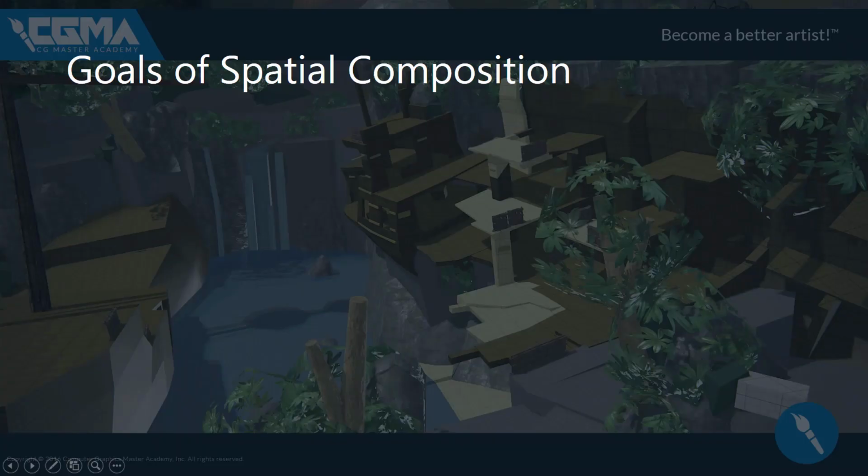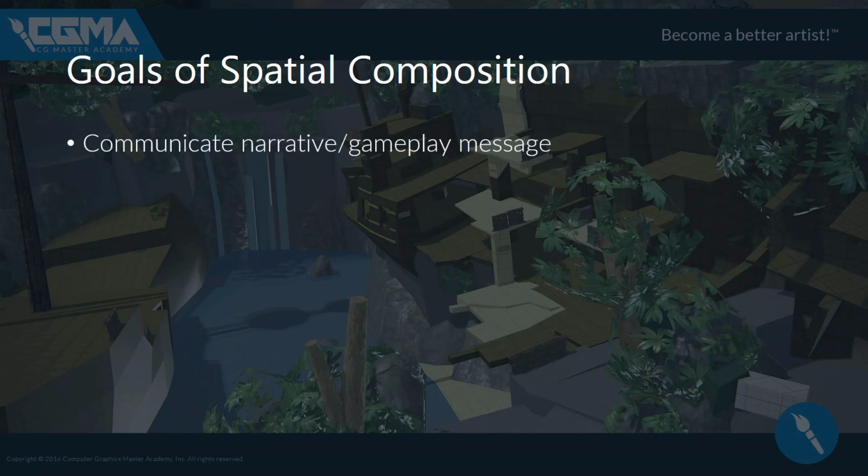So the goals of spatial composition are in a lot of ways similar to point of view or image composition. One, they communicate a narrative or gameplay message. So the composition of the space dictates the tone and how that connects to narrative beats.